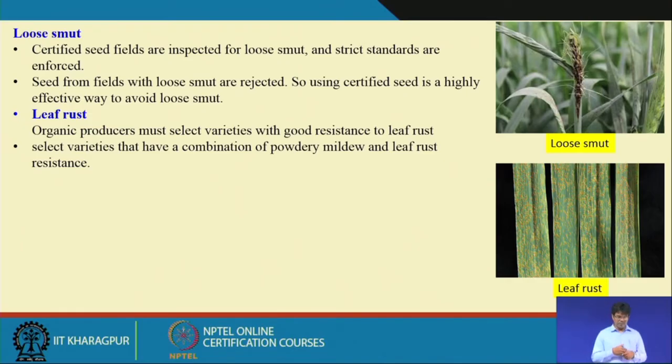Also, in organic farming there is slow release of nutrients, so there is less stress. Phytohormones are secreted in the leaf canopy, and in that way the crop is also less infested by pests and diseases.